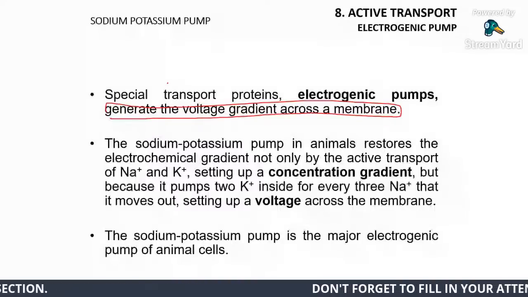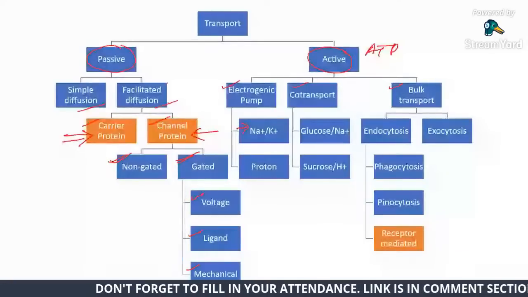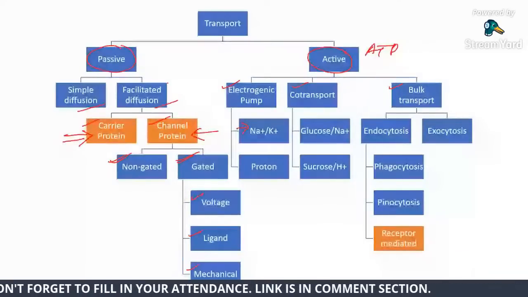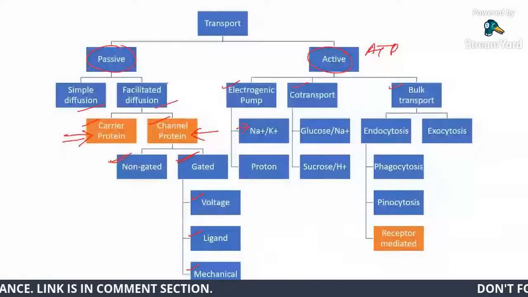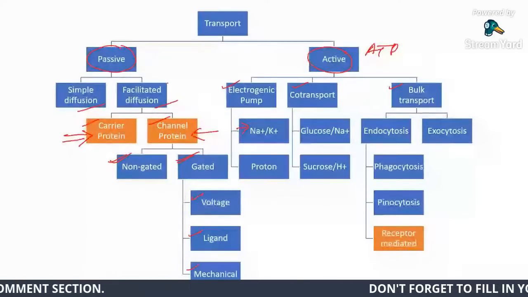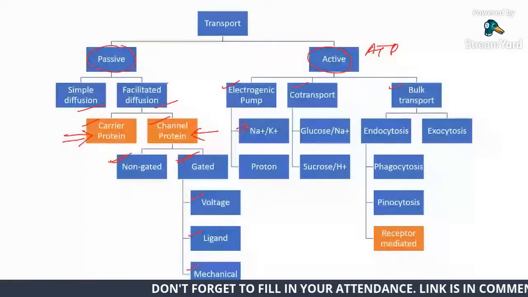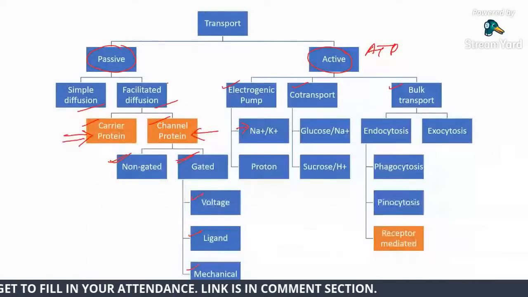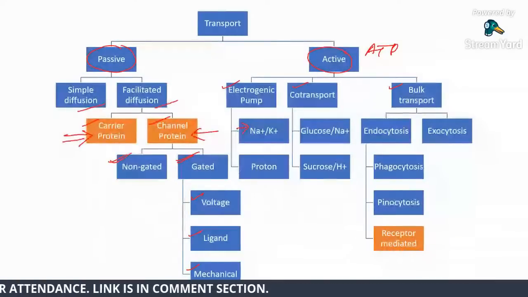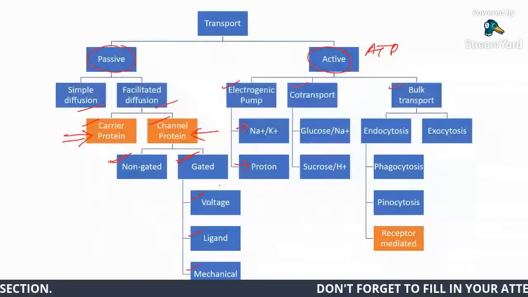Let's say inside of your cell is always negative, outside of your cell is always positive. We want to maintain that different concentration. We don't want equilibrium to be achieved. That's why we use active transport, right? We also have the proton pump, which is another example of an electrogenic pump.